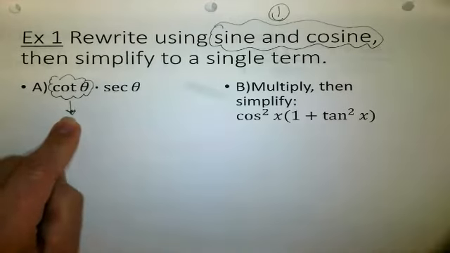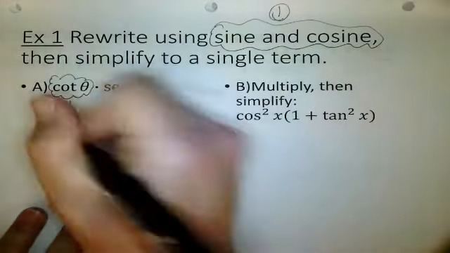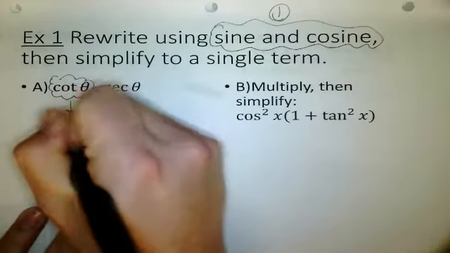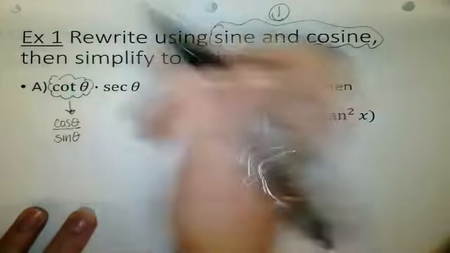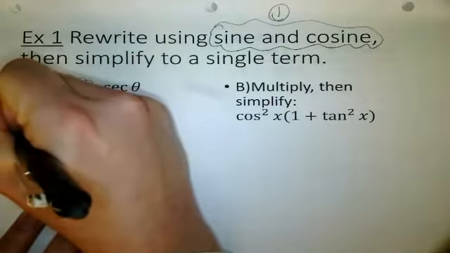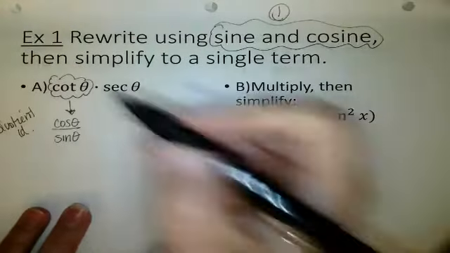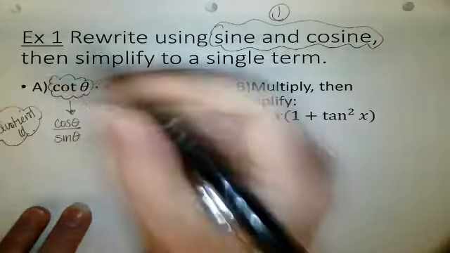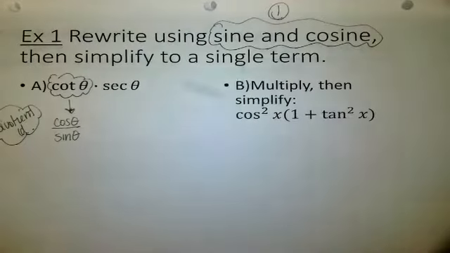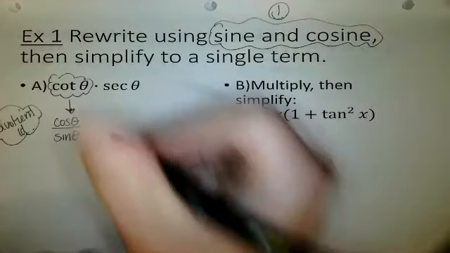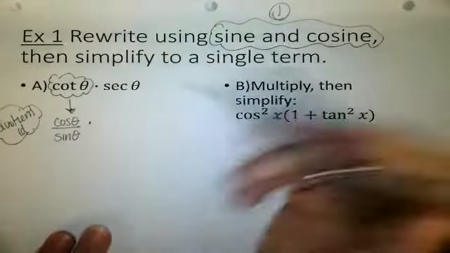Using what? What can I change it into? Cosine theta over sine theta. That was the quotient identity that we just talked about. So we're using the quotient identity and substituting. Instead of cotangent, we can write cosine of theta over sine of theta. Then we have multiply here.